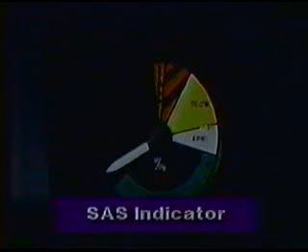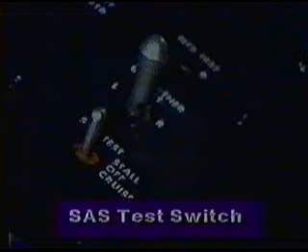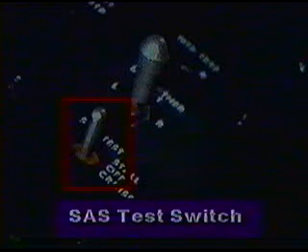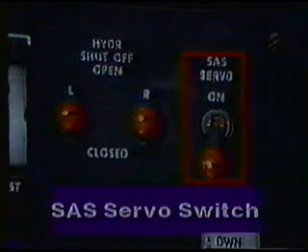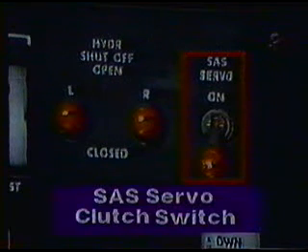The unit installed on the left-hand side of the glare shield is called the SAS indicator. It is sometimes incorrectly referred to as the angle of attack indicator. The switch installed in the pilot's side console is the SAS test switch. The switch located in the pedestal is the SAS servo switch, sometimes called the SAS servo clutch switch.